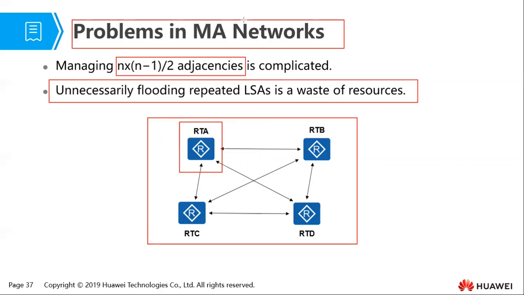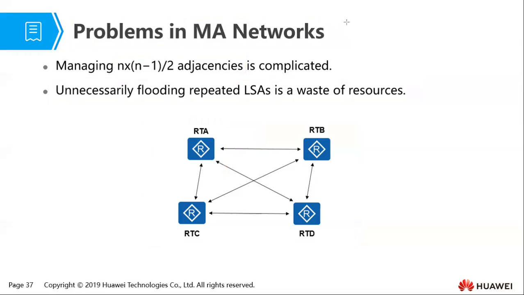Indeed, if you count the number of exchanges here, 1, 2, 3, 4, 5, 6. That is what we call adjacencies, meaning exchanges. If the routers are many, trust me, it's going to be quite high.